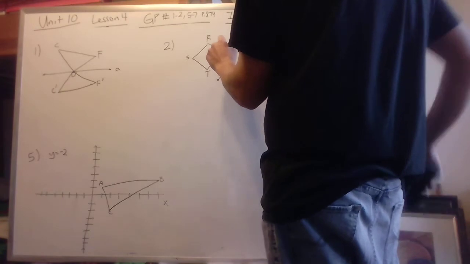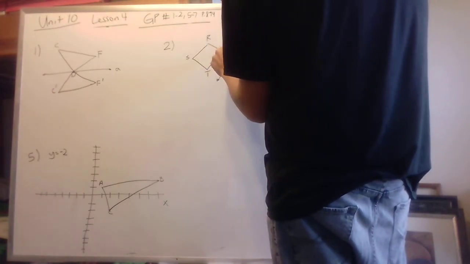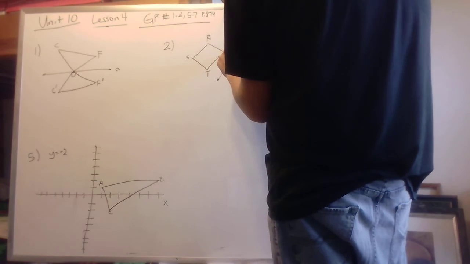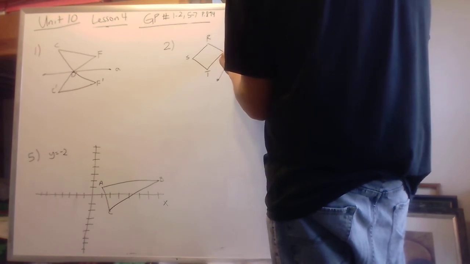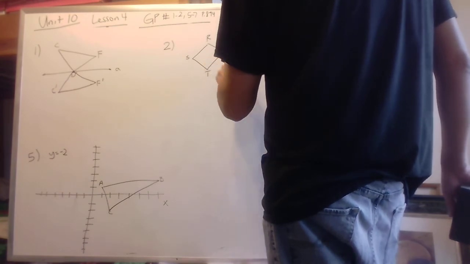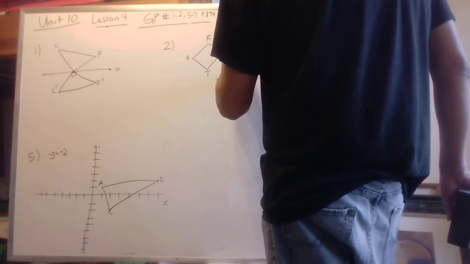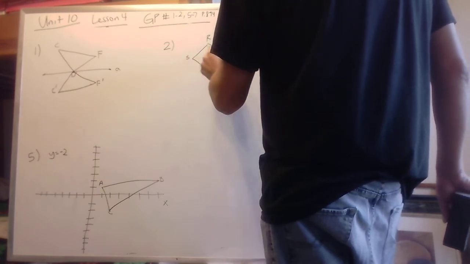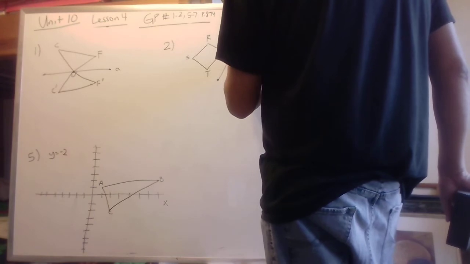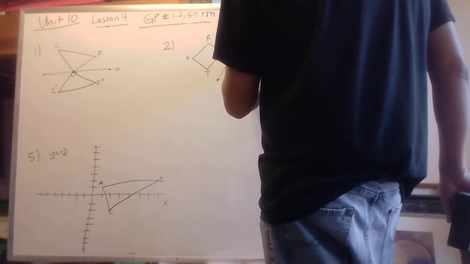So it's kind of like we're going to be going right about here for Q prime. And then right here would be T prime. And then S prime would be about, I would say, right here.